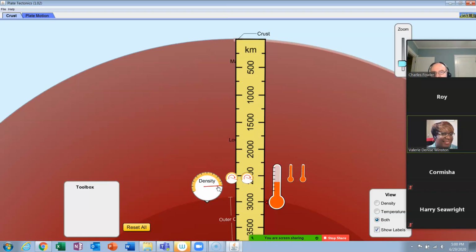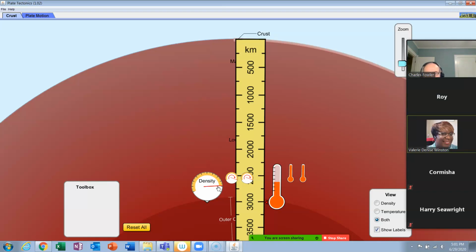Let's say 2900. Wow, enormously increased density, and yet it's a liquid. That's probably part of it, but all that pressure from everything above is weighing down on it, so it just makes it much, much denser. And probably the liquid nature contributes some. What's next?